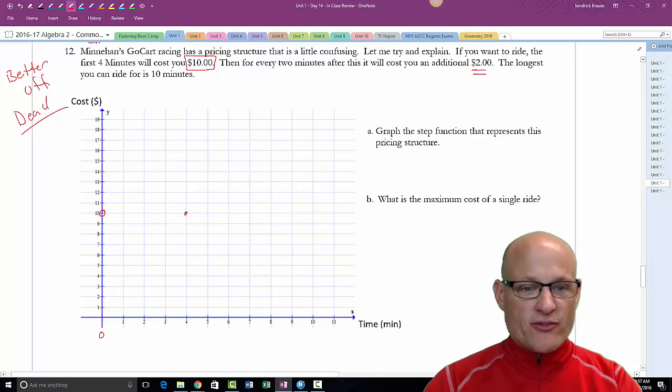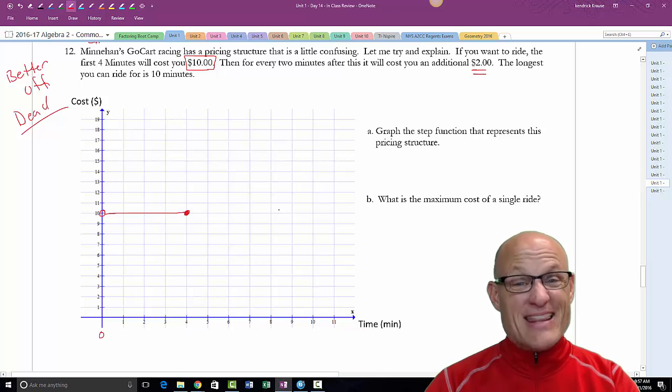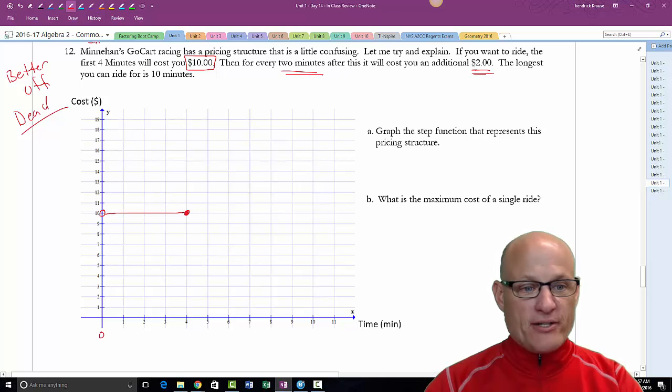So if I just go 4 minutes and I don't want to go anything more, it's gonna cost me $10. But then they get you. For every 2 minutes after that, it'll cost you an additional $2. So I'm going to go up by $2. Now notice this has to be an open circle because at 4 minutes, it's still only $10.